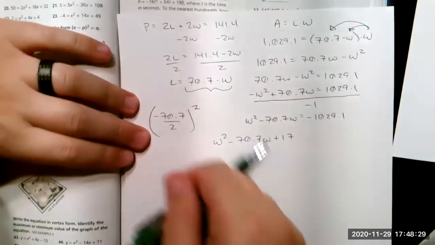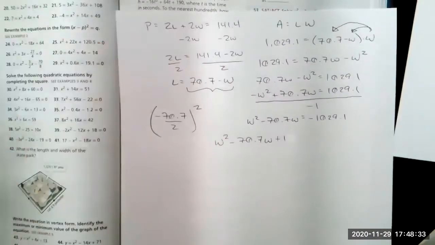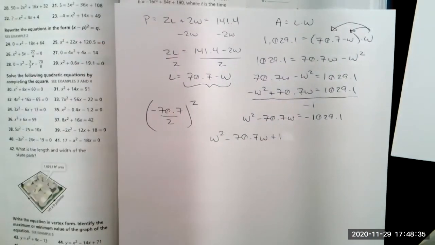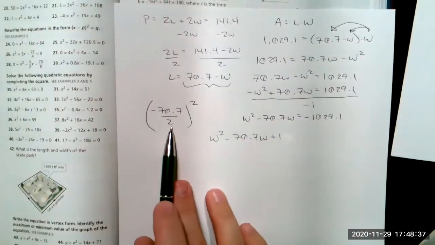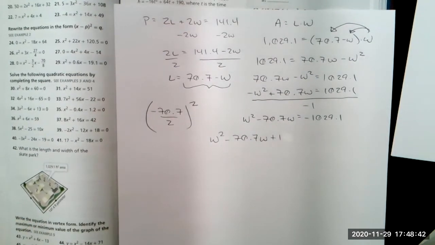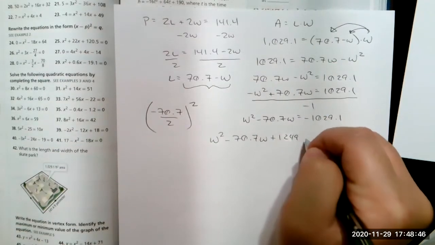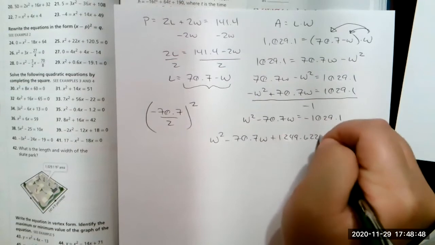All right, I found my whiteout. I wrote a 7, but I want a 2 there. Okay, so when I did this math, negative 70.7 divided by 2, and I squared that, I got the number 1,249.6225.